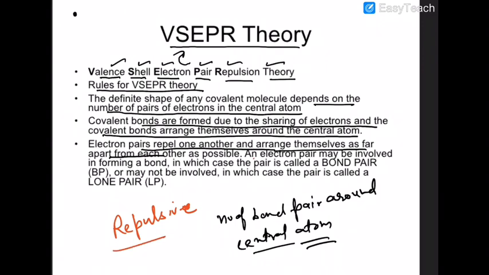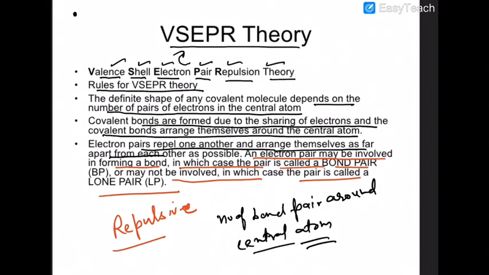An electron pair may be involved in forming a bond, in which case the pair is called a bond pair, and if not involved, it is called a lone pair. So now we get into account two things.